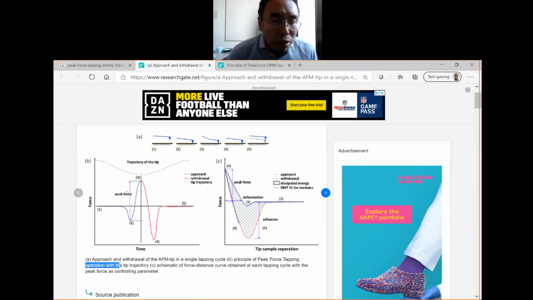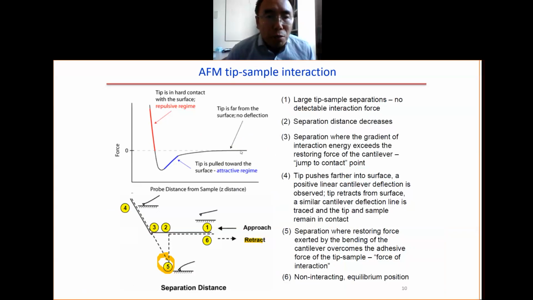But this peak force is well controlled. This way, you make sure that you will not touch the sample too hard. This is good for measuring soft material and also measuring in liquid. Effectively, you do the force measurement at every one of the pixels. This way you can control the force and you will not damage the sample. Thank you.